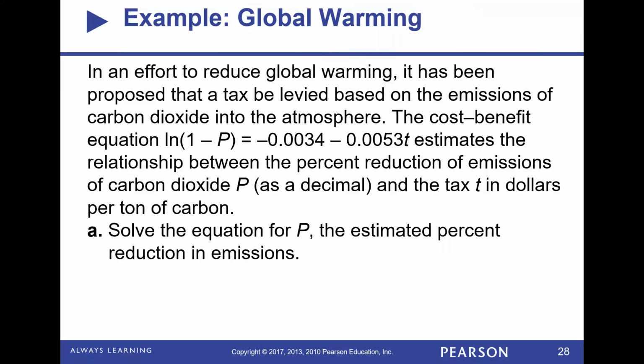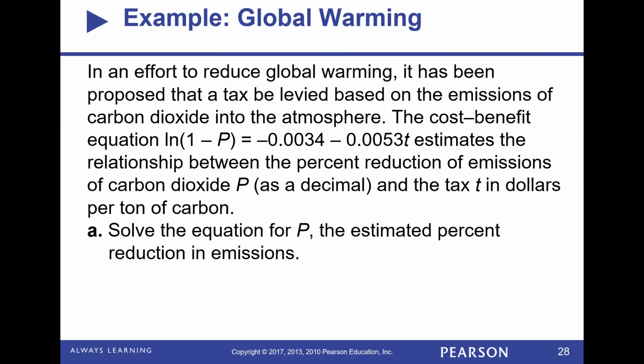Okay, let's look at a word problem because we haven't seen a word problem in a second. In an effort to reduce global warming, it has been proposed that a tax be levied based on the emission of carbon dioxide in the atmosphere. Now, the cost-benefit equation is the natural log of the entire 1 minus p equals negative 0.0034 minus 0.0053t.